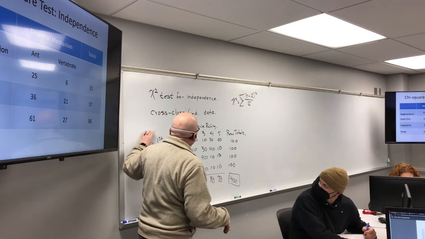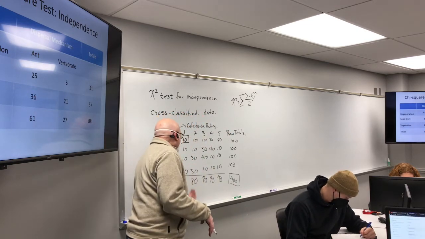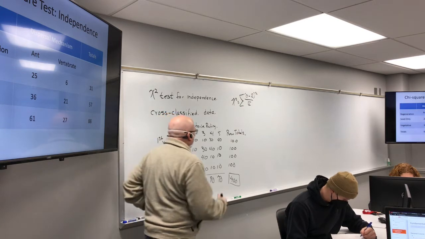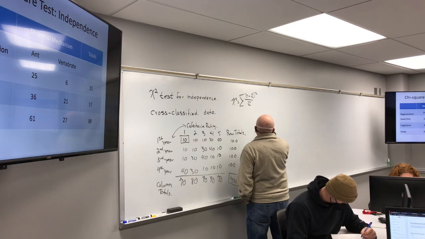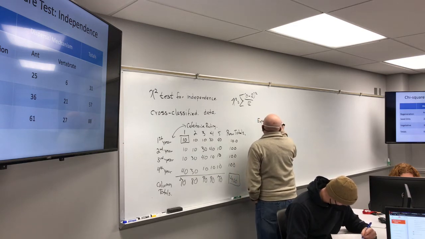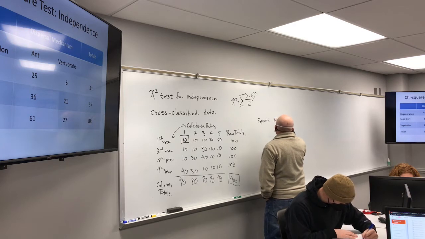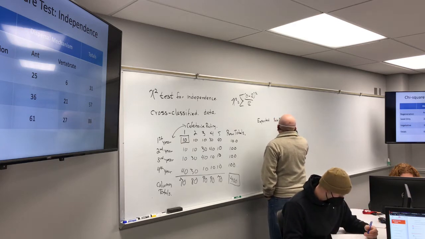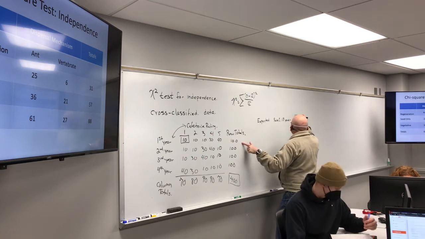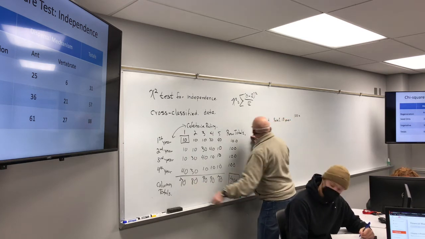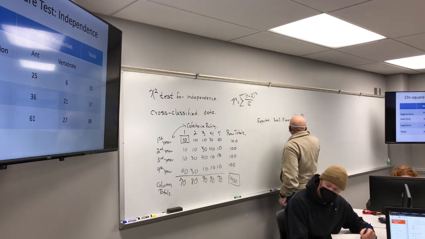The first-year experience is across all category ratings. The category rating 1 is across all 4 years. So the expected value for a rating of 1 for first years is the row total times the column total divided by the grand total.